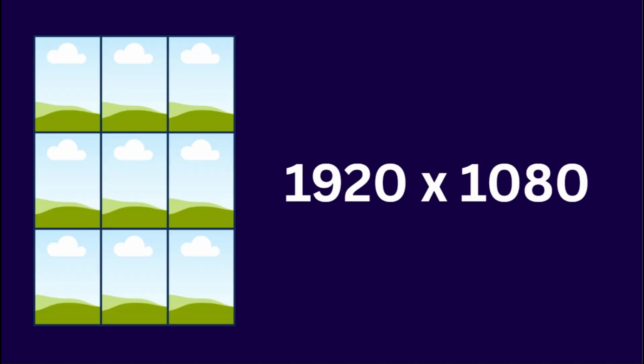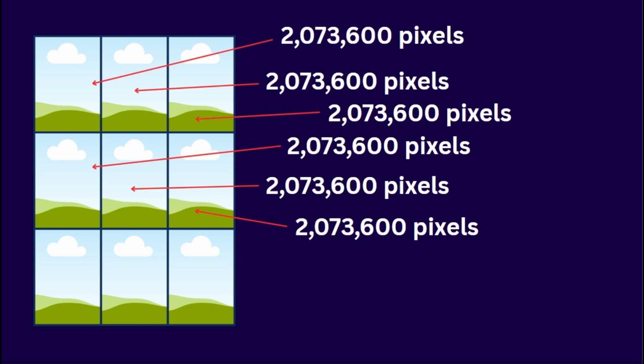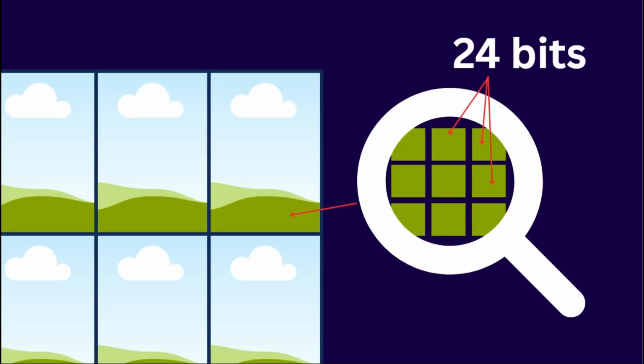Each frame is a high resolution image, typically 1920 by 1080 pixels, otherwise known as 1080p, which is 2,073,600 pixels per frame. Each pixel stores color information using RGB, red, green, blue values, typically requiring 24 bits per pixel.